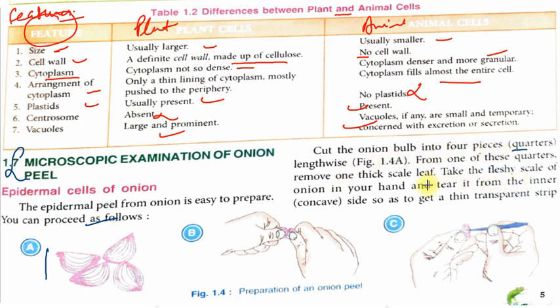From one of these quarters remove one thick scale of leaf. Take the fleshy scale of the onion in your hand and tear it from the inner concave side, so as to get a thin transparent strip of it.